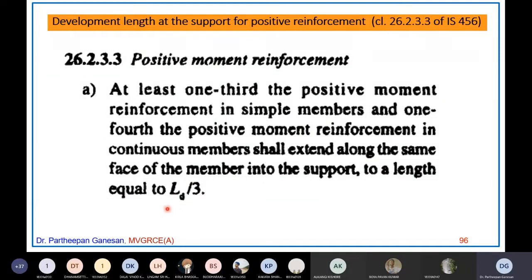Later on in reinforcement detailing, you will be using this. What is it saying? Any positive reinforcement means your tensile reinforcement, sagging moment tensile reinforcement, should be extended into the support to a length of Ld/3. Ld is the development length.